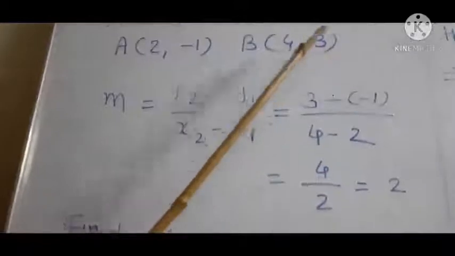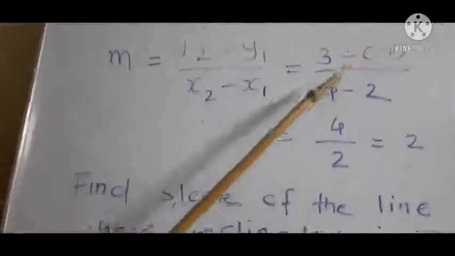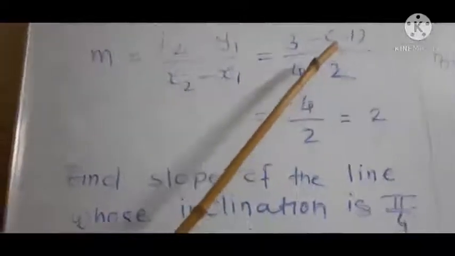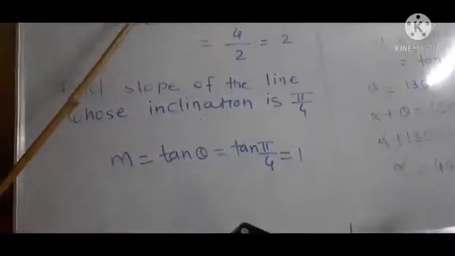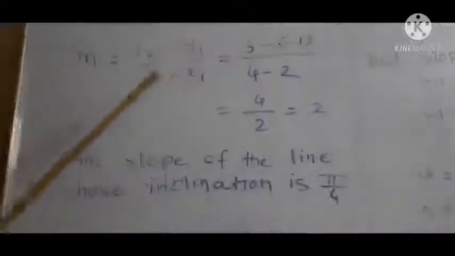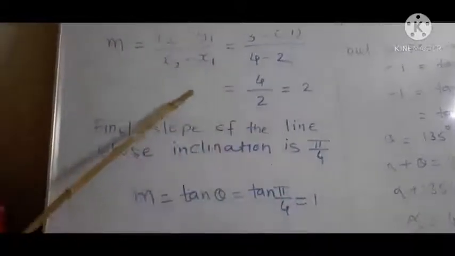So m is equal to (3 minus minus 1) upon (4 minus 2), which is equal to 4 by 2, which is equal to 2. So in this way we can find the slope. If we are given the coordinates of 2 points, then we can easily find the slope by using (y2 minus y1) upon (x2 minus x1). We can find the slope in another way if we are given the inclination.